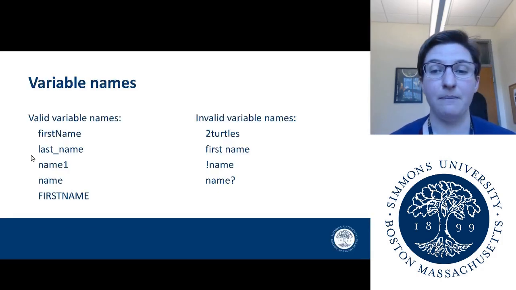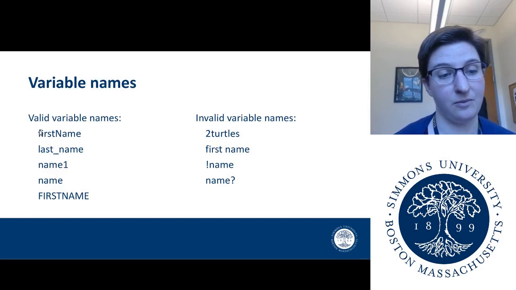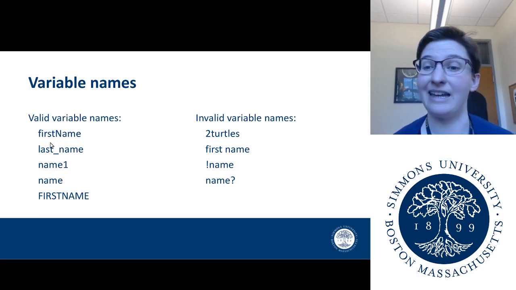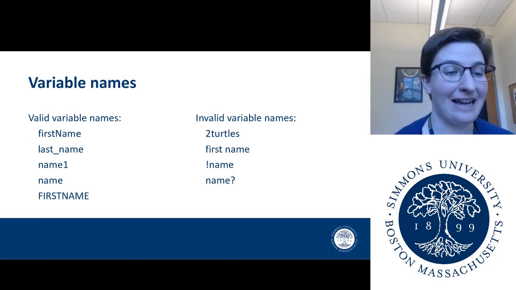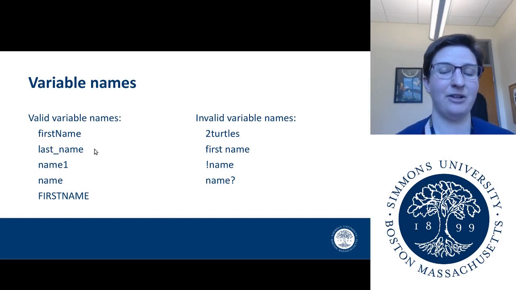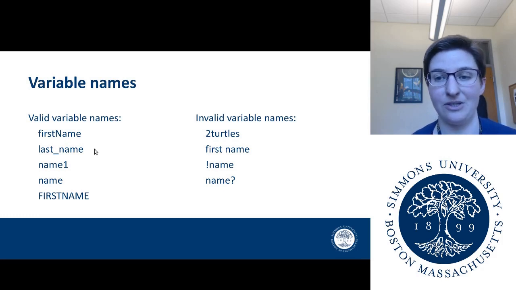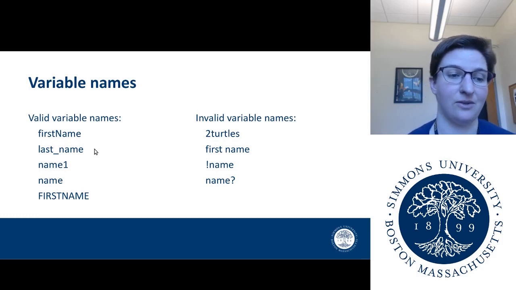Variable names, there are some limits on what you can call them. You can do things like first and then capital N name, that's called camel case. Or last underscore name, to help differentiate it. People have preferences. I like the underscores. I personally think it makes things easier to read, but you can also do things like name1.